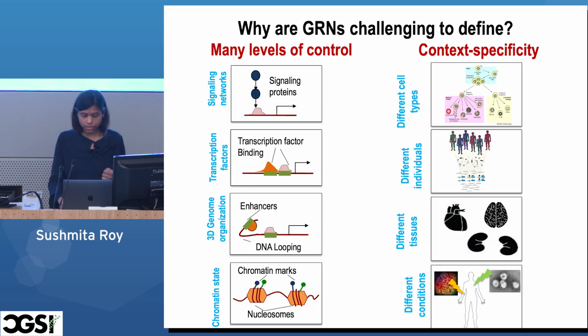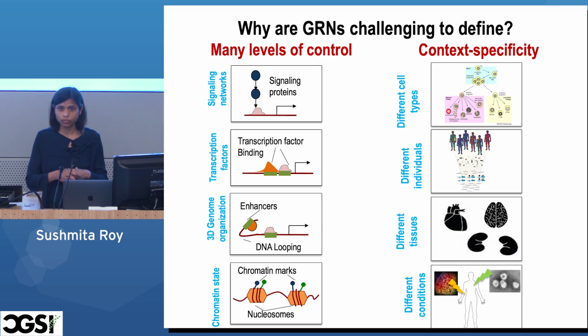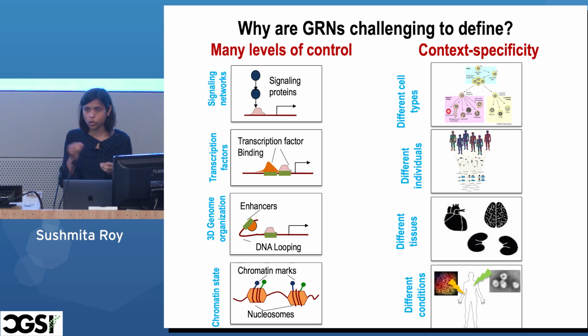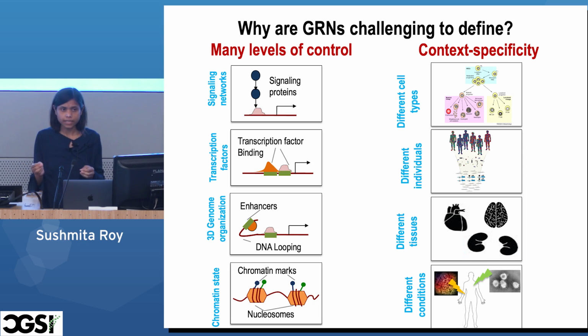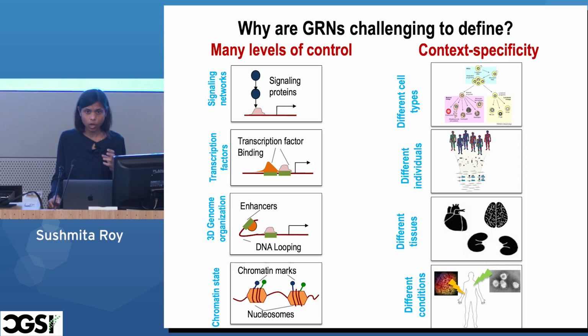But the challenge is that they are very difficult to define, and I'm mentioning two main reasons. One is that when a regulator controls the expression of a gene is determined by a bunch of different factors. So there are many levels of control: post-translational modifications, long-range gene regulation, and chromatin state.